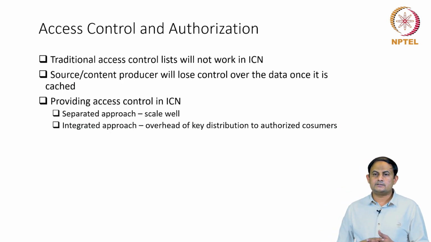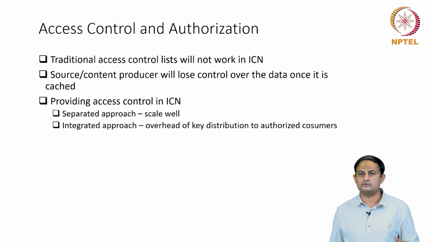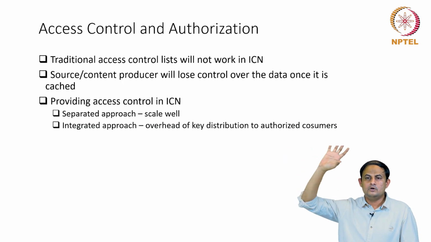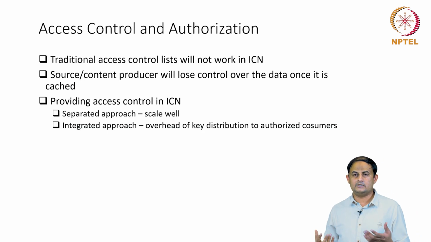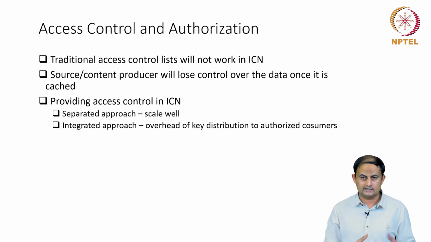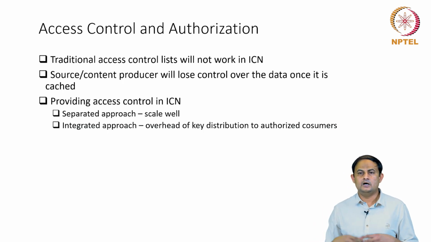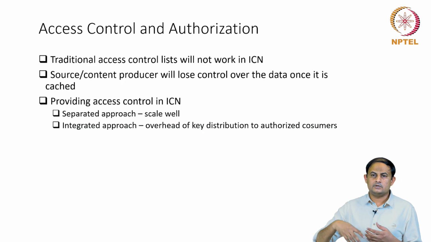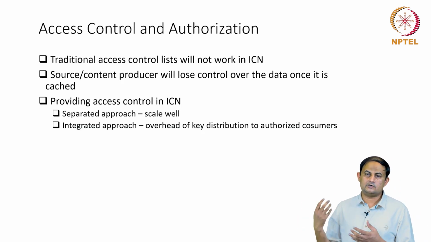There is something called access control and authorization mechanism that exists in the current IP network. The producer can control who can actually consume the content. For example, if some content is sensitive, like data generated in a military setup, or some data which can be consumed by only some paid users, such content needs to be protected, and you can enforce the access control mechanism.